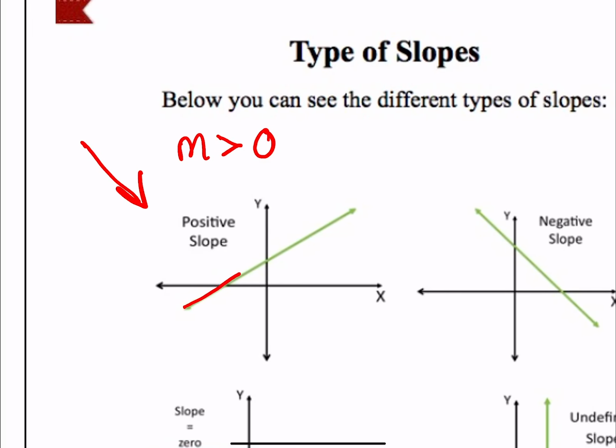Our line is trending up as we walk on it from left to right. So if we walk from left to right, we'll be going uphill. That means we have a positive slope. So you should be able to look at a picture of a graph with a straight line and say whether or not the slope is positive.